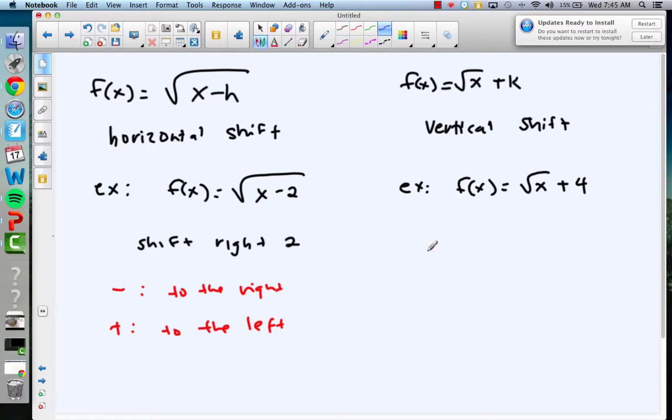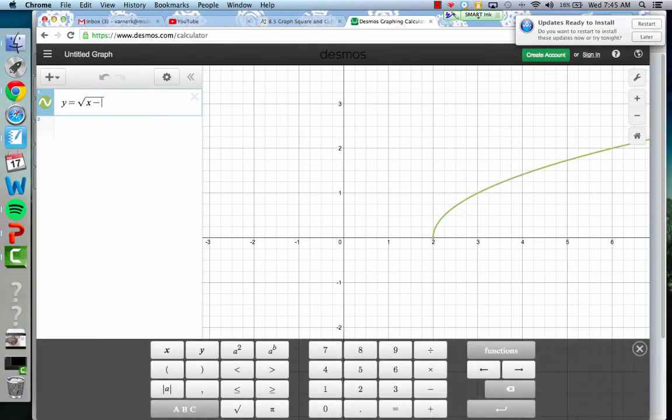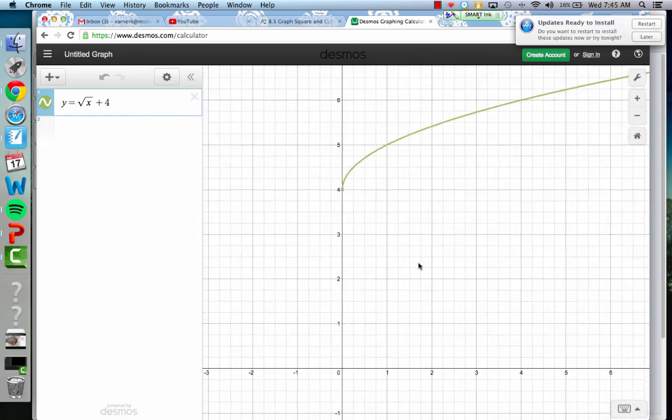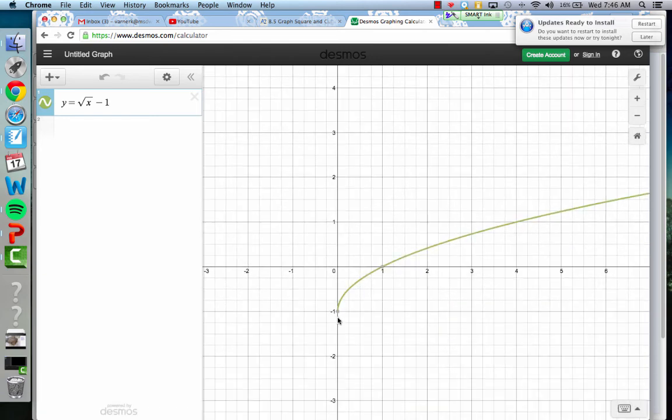So if it's negative, it goes down. If it's positive, it goes up. So this one is not the opposite. What that might look like on Desmos is if I have square root of x and then plus 4 on the outside, notice how my whole thing shifted up 4. If I have -1, then my whole graph shifts down 1.